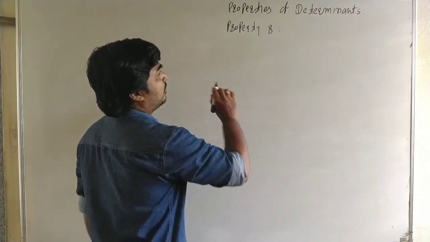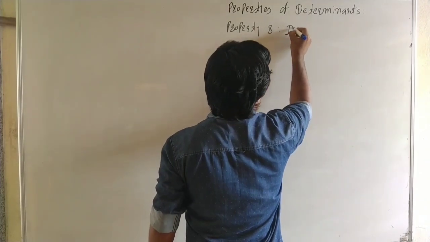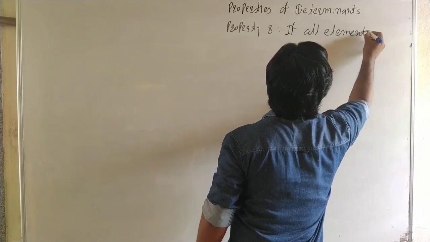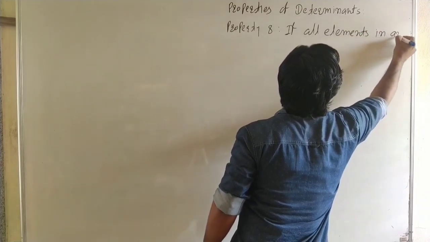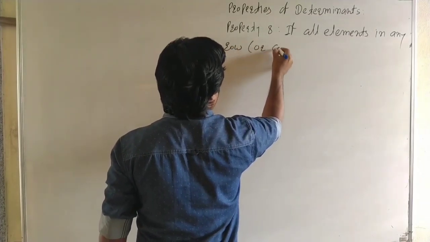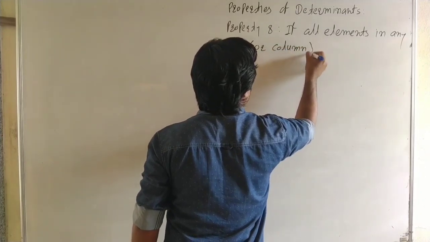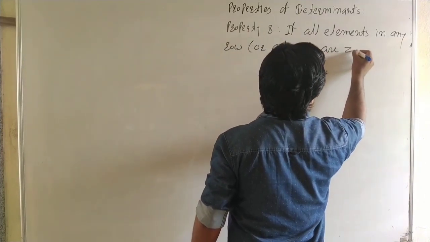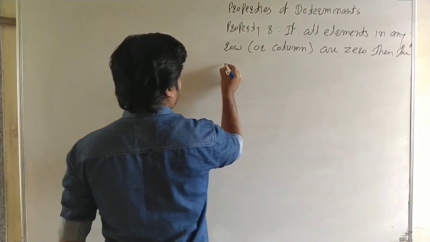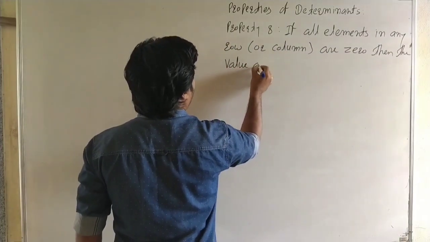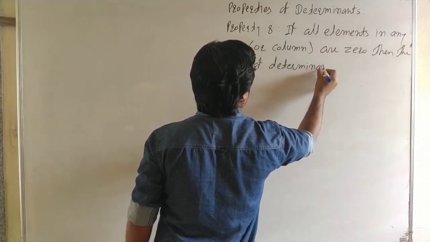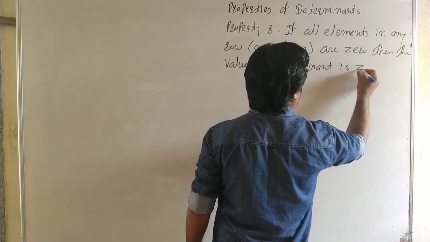We can check this. See the last property of the determinant: if all elements in any row or column are 0, then the value of the determinant is 0.